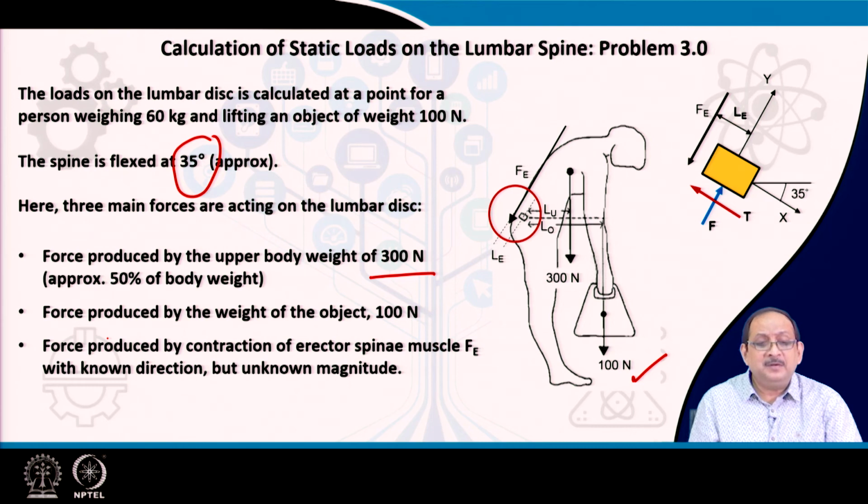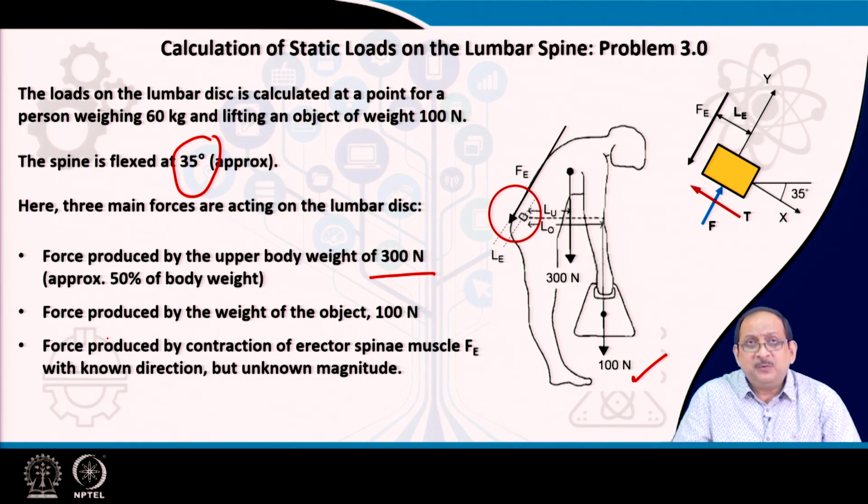Let us now discuss the three main forces acting on the lumbar disc. The first one is the force produced by the upper body weight of 300 Newton, which is approximately half of the body weight.